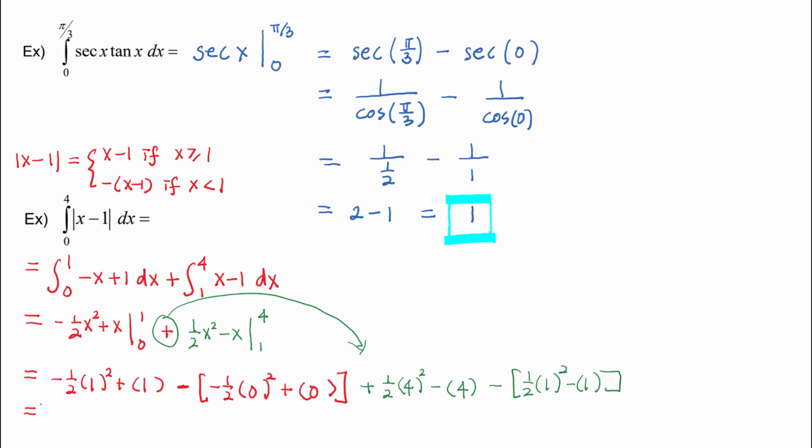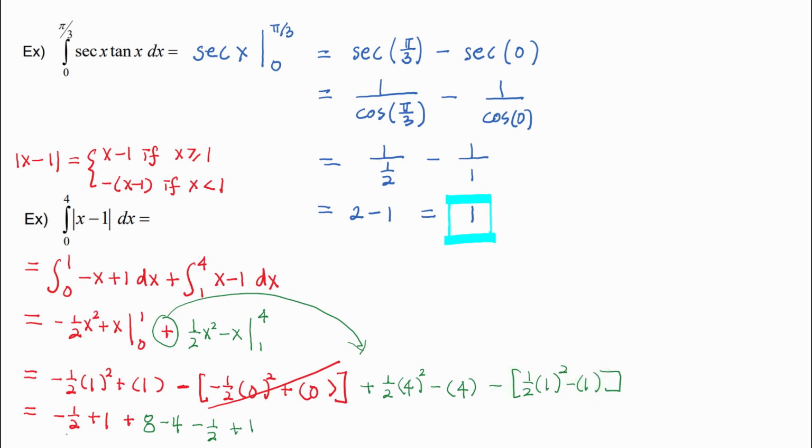So then negative 1/2 plus 1. This is a 0. And then this is a plus 1/2 times 4 squared, which is 16. Half of 16 is 8, minus 4, minus 1/2 minus 1, which is plus 1.